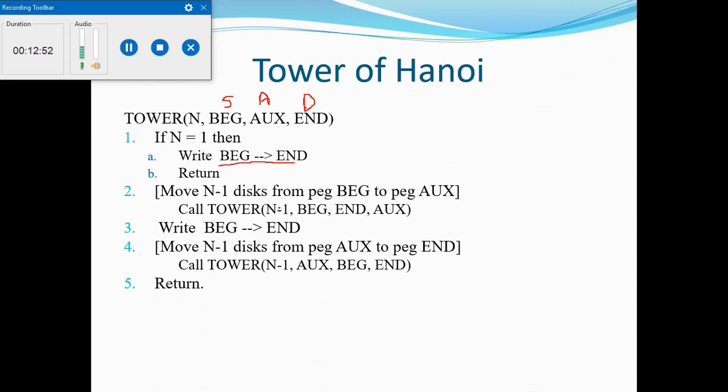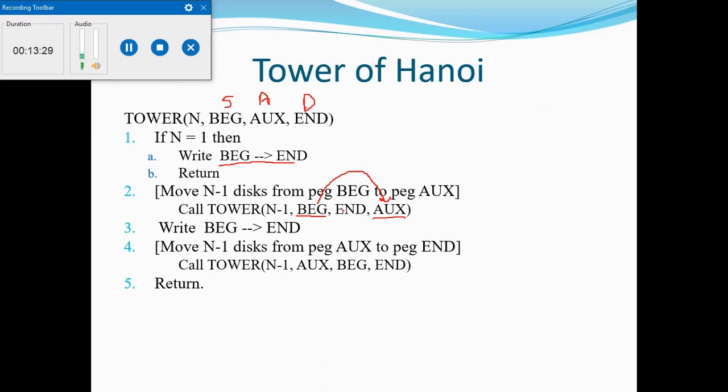We have seen that I have to move the first n minus 1 disks from source, that is beginning, to auxiliary with the help of end, that is my destination. Also from source to auxiliary with the help of destination. See, the order is important. I am copying from beginning to auxiliary with the help of end, or the destination.